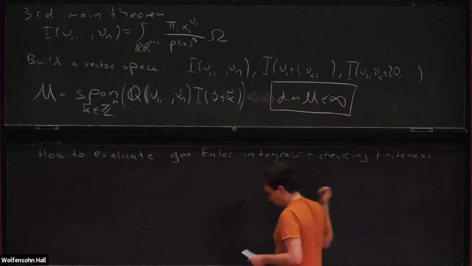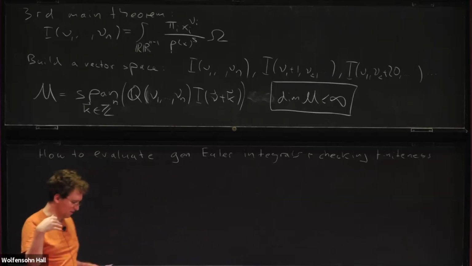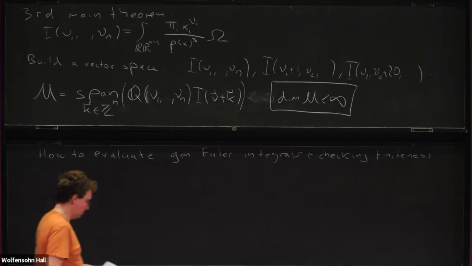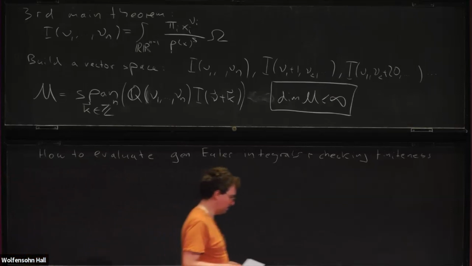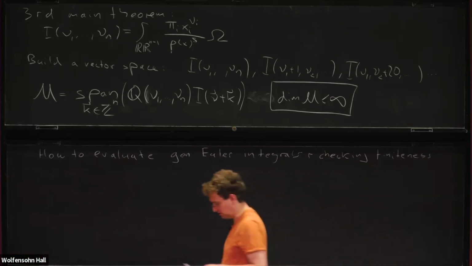And I already told you how to check if they are finite. You have to do this Newton polytope trick. But yeah, there are some improvements if you restrict yourself to Feynman integrals, and in particular to a magic property that these Feynman integrals also have.